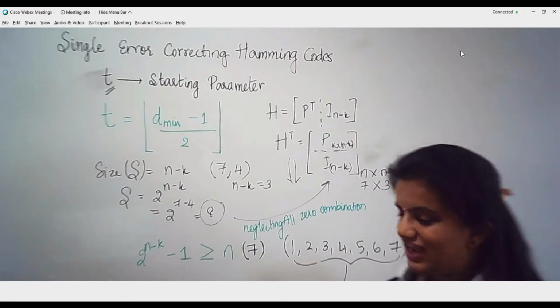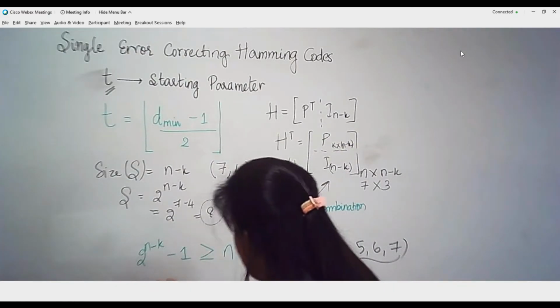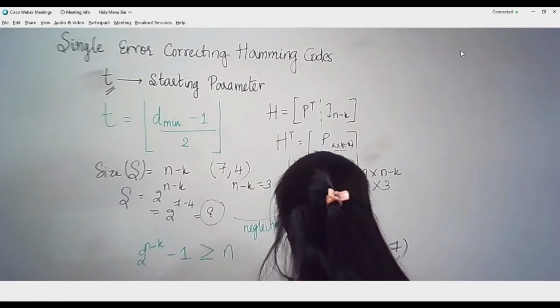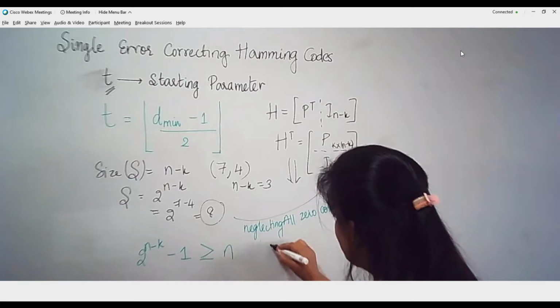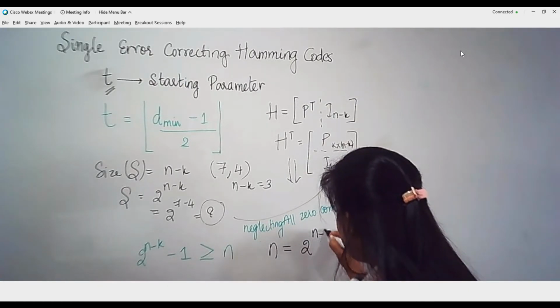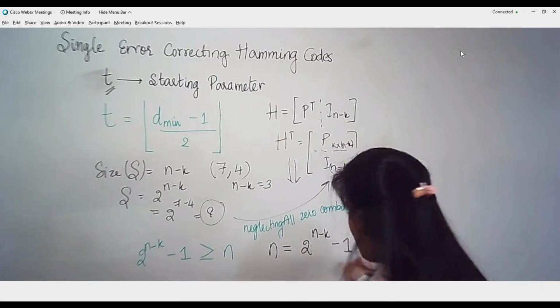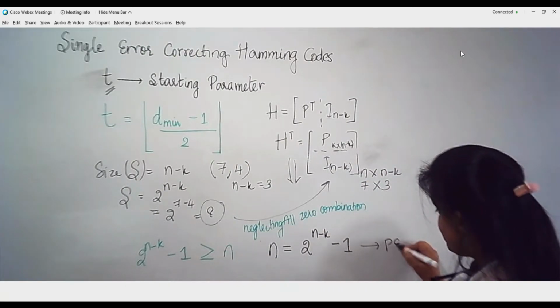I can easily identify it by making use of that particular syndrome combination. But most of the time, when the number of bits in a code word vector n becomes equal to the number of syndrome vector combinations, such a code is called a perfect code.